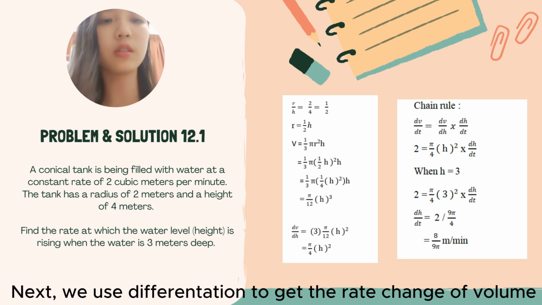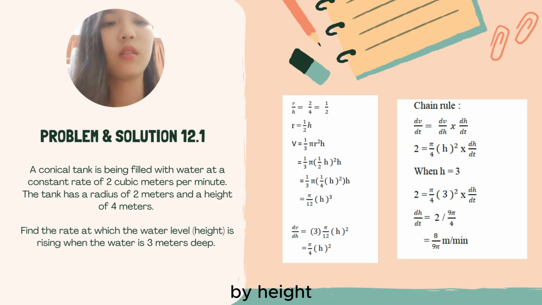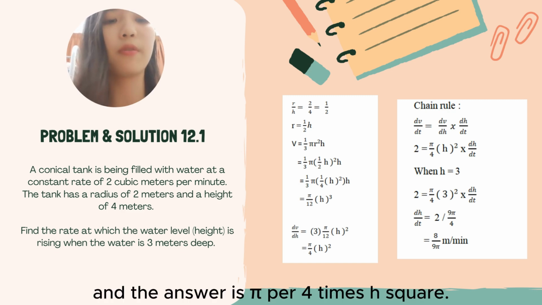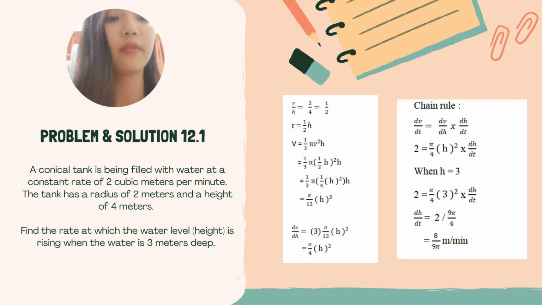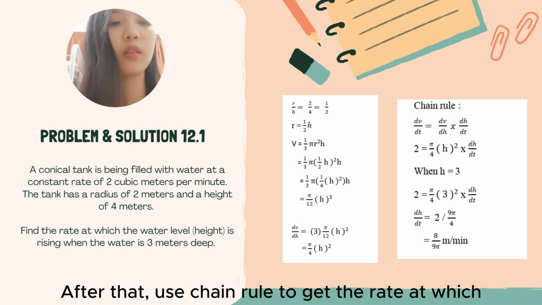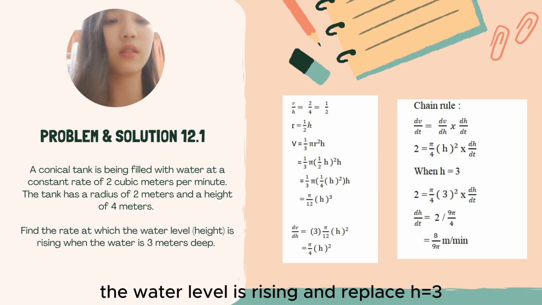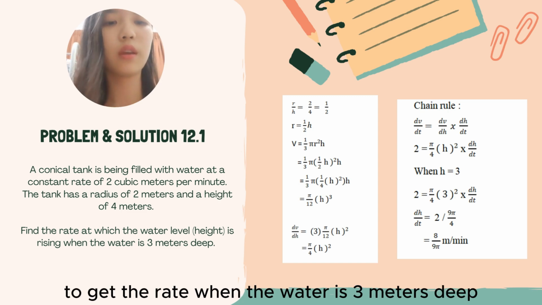Next, we use differentiation to get the rate of change of volume with respect to height, and the answer is pi/4 times h squared. After that, we use the chain rule to get the rate at which the water level is rising, and replace h equals 3 to get the rate when the water is 3 meters deep.